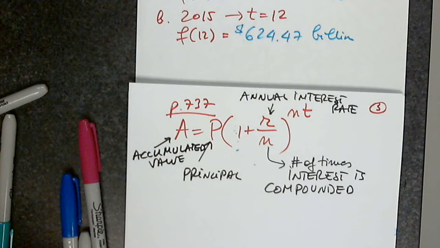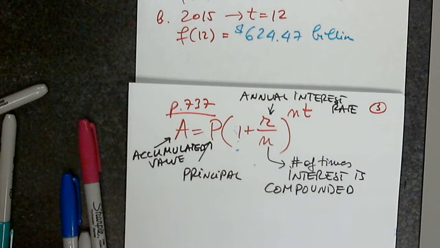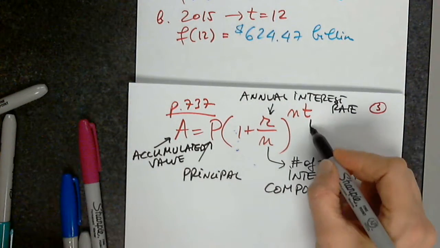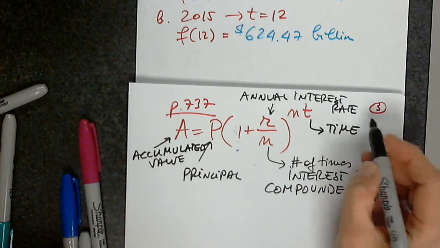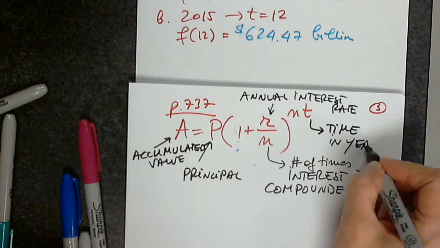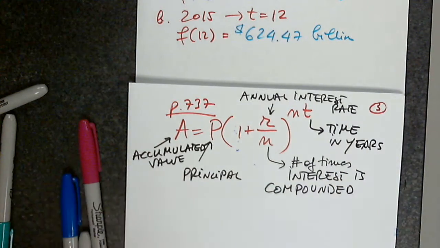If I deposit the principal, then the accumulated value will give me the amount 10 years from now. If I borrow the principal from you, then in 10 years from now, this formula will calculate how much I have to give you back. And T is time in years. Okay?